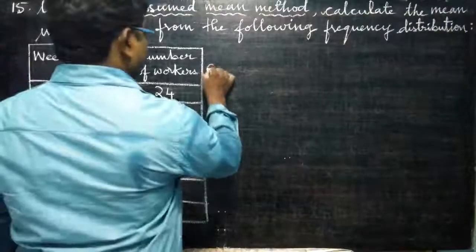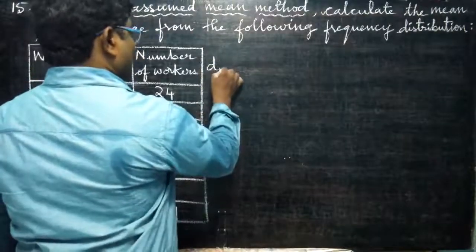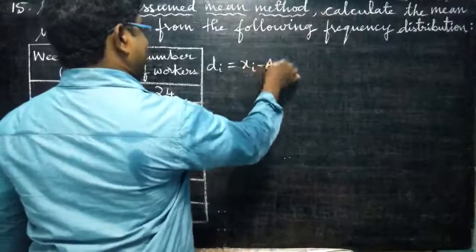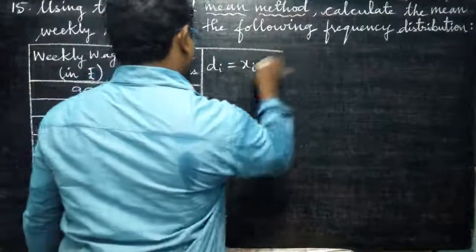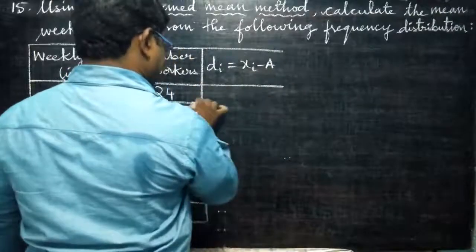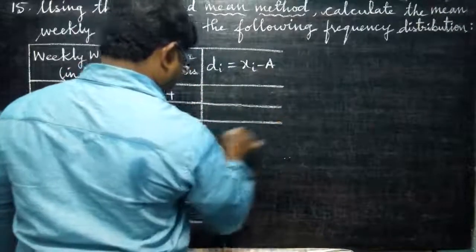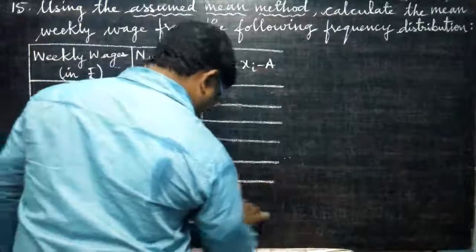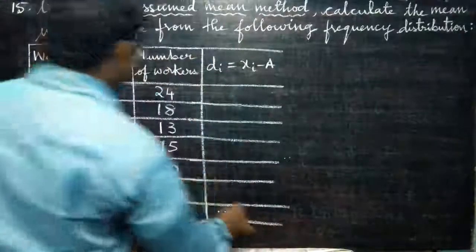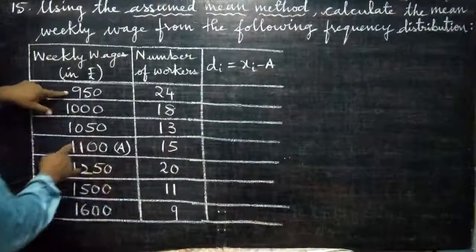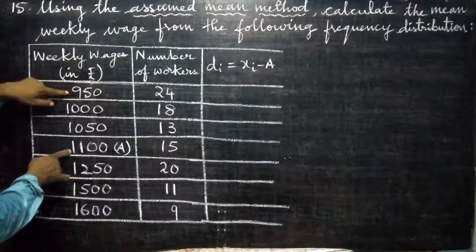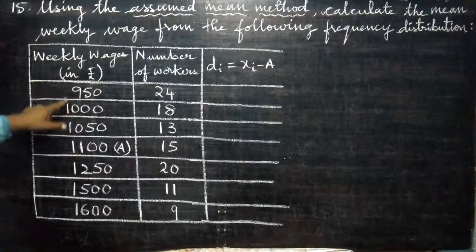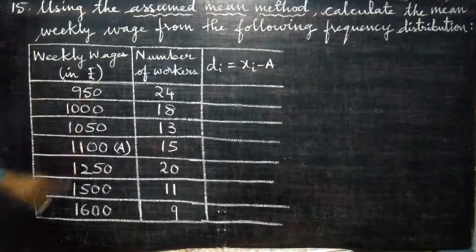Now here you have to find the deviation. The formula is di equal to xi minus A. d means deviation. We have to subtract carefully. Now 950 minus 1100 is minus 150, because here 50 is there, here 100 is there.